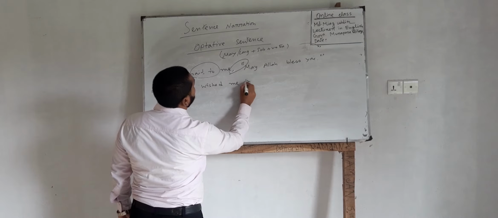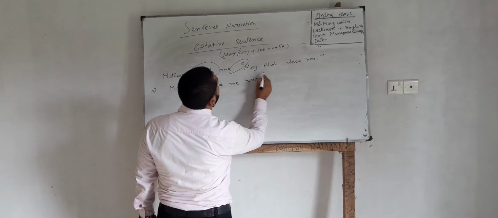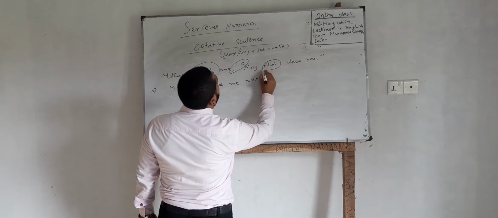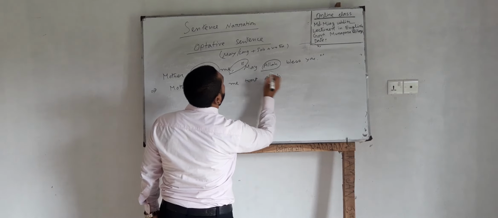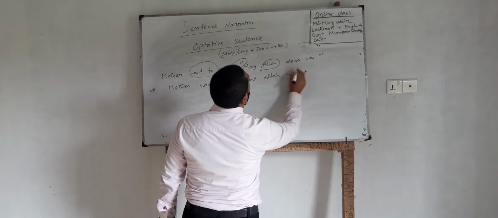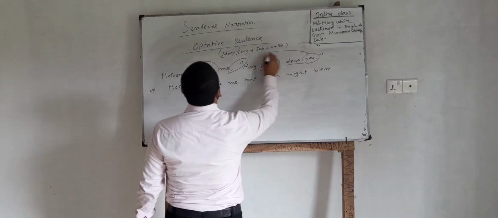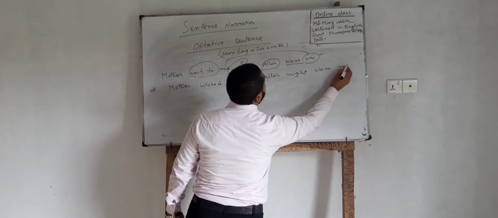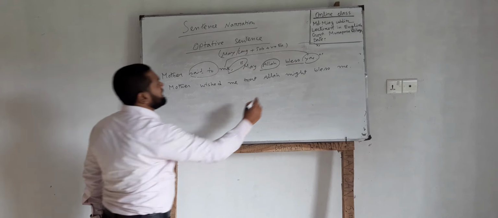We use the conjunction that instead of comma and inverted comma. Mother wished me that Allah might bless me. The second person you is changed into me. In the optative sentence, may is changed into might.